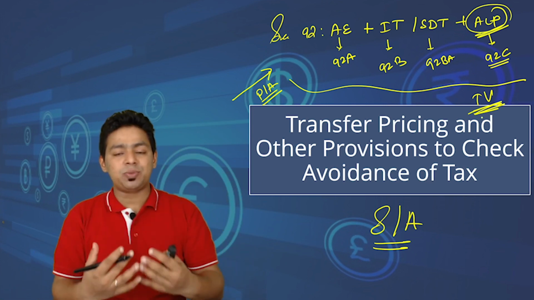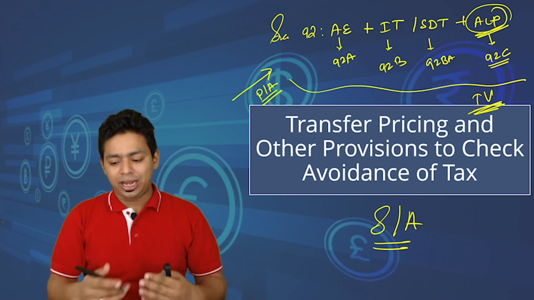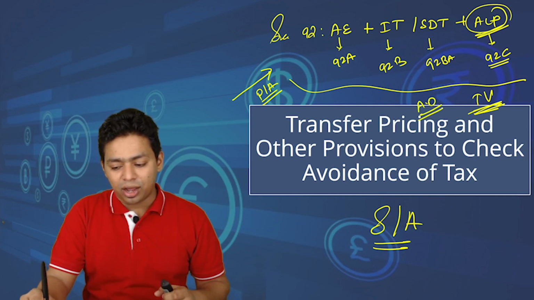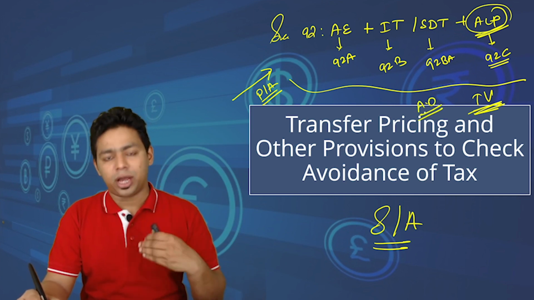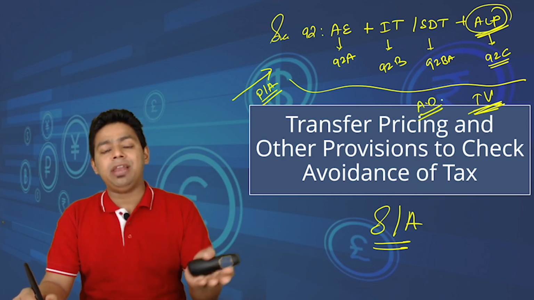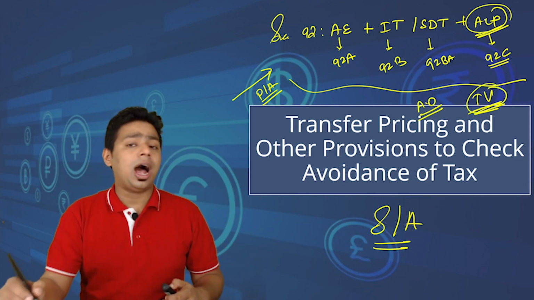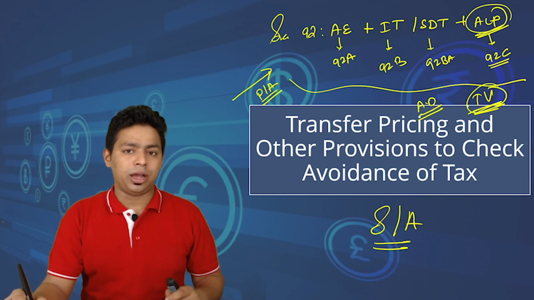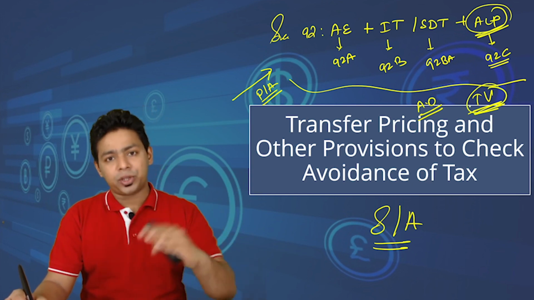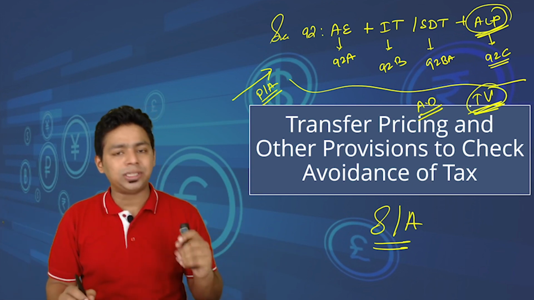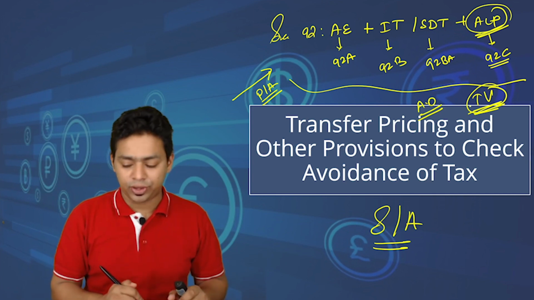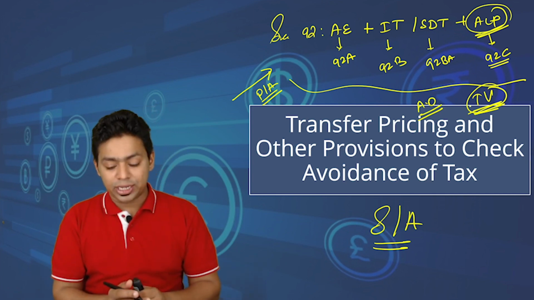So we don't do the adjustment voluntarily. It is always done by the assessing officer whenever we deal with associate enterprises at a lower than arm's length price or higher than arm's length price, depending upon the purchase transaction or sale transaction, expense side transaction or income side transaction. Those things we have already discussed.